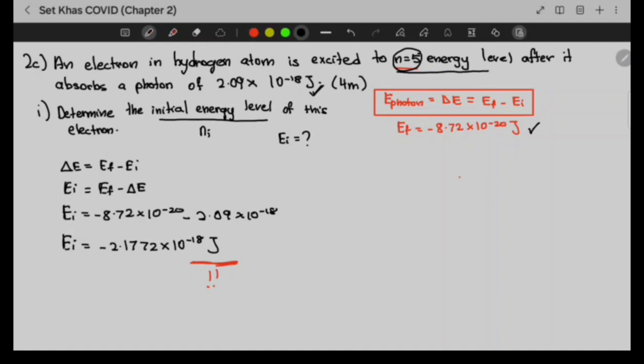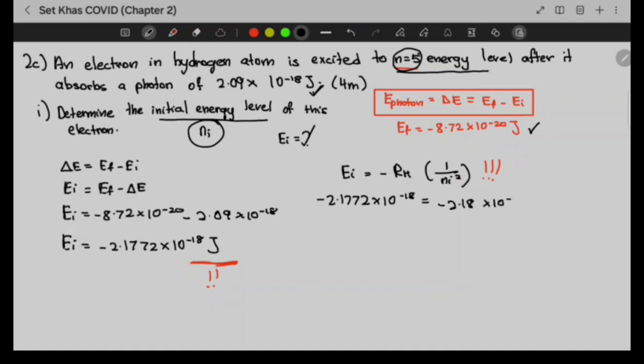Now that we have the initial energy, we can find the initial energy level, the Ni. So write down your formula again. Always remember to write down the formula when you're substituting any values. The formula is very important as well. Don't forget to write it down. Next, you substitute with the values you have already, times 10 to the power of negative 18, the Rydberg constant, 1 over Ni square.